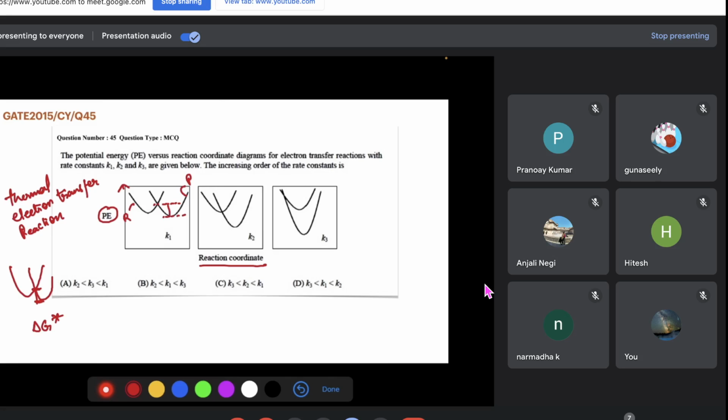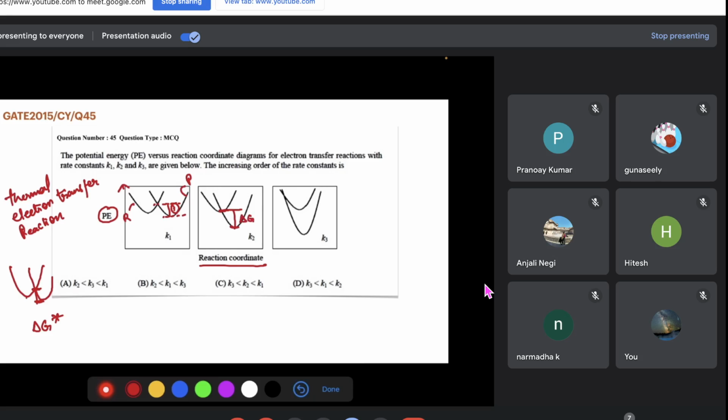See, this is your, say it is 1, because we know this is delta G dagger, and this will be the barrier for my electron transfer. The barrier that I have talked to you about, if you go something like this, this would be my delta G dagger, but actually this is not.